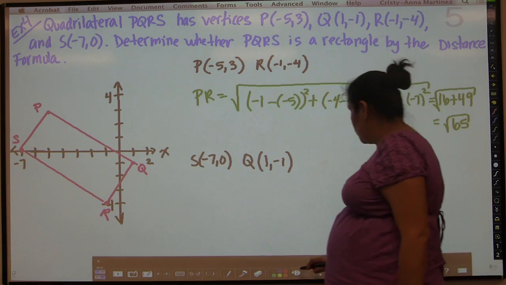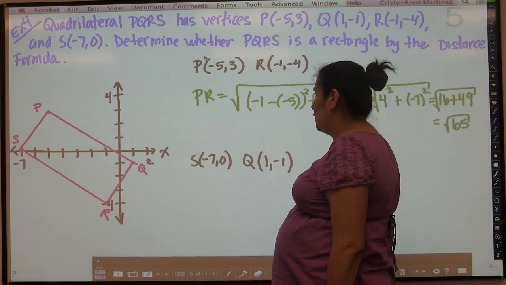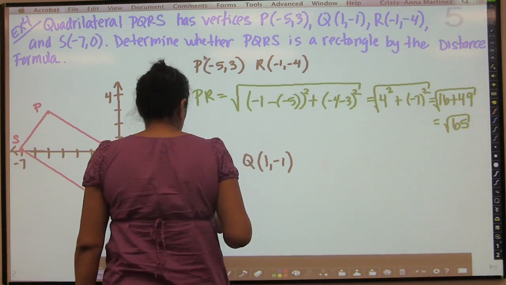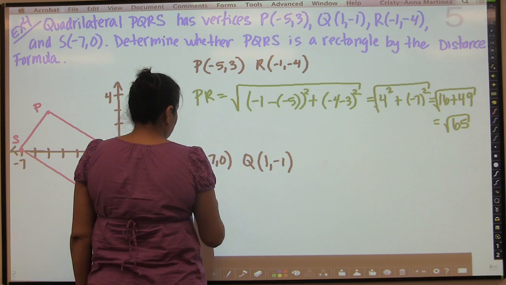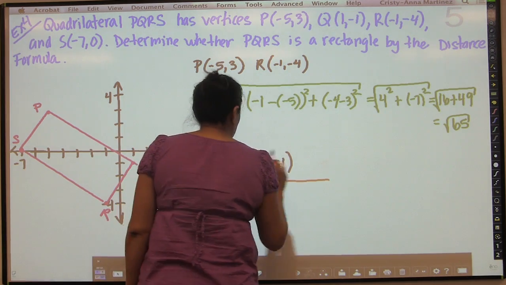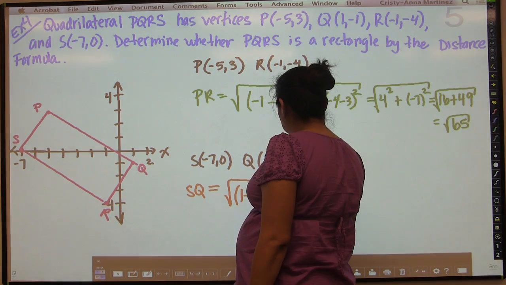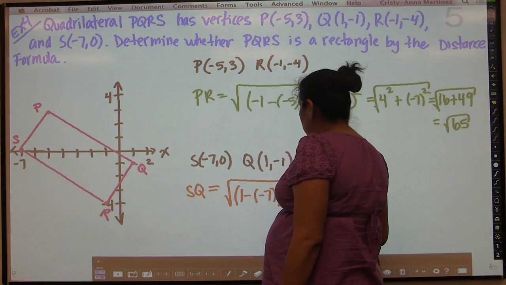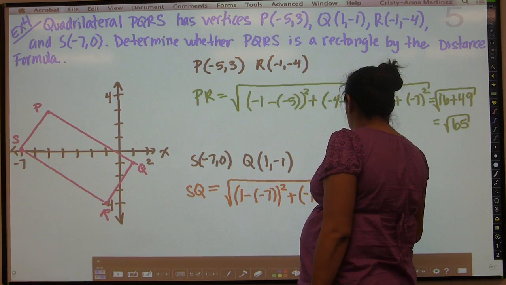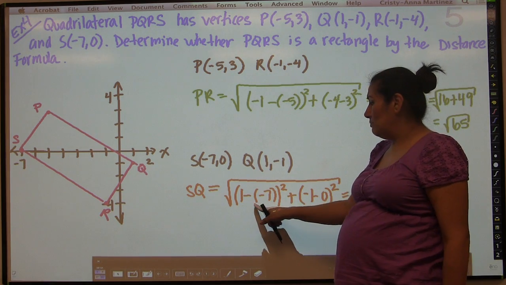So now we're going to try to find the distance of our second diagonal, and hopefully it'll be the same. And if it is, then we can determine that this is a rectangle. So again, this time we're doing the same thing, difference in the x values. So 1 minus negative 7 squared. Difference in the y values, negative 1 minus 0 squared. And so we get here that 1 minus negative is 1 plus.